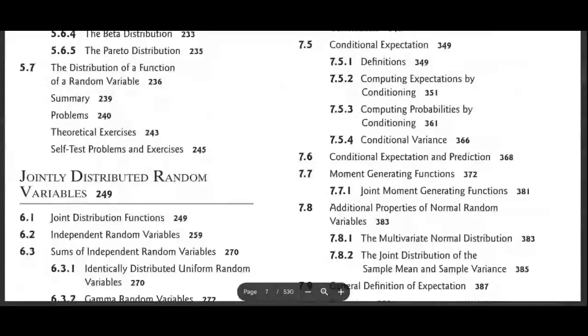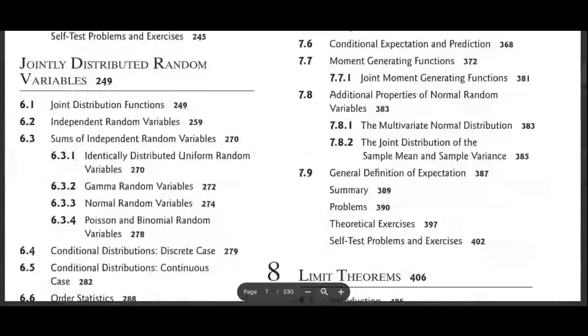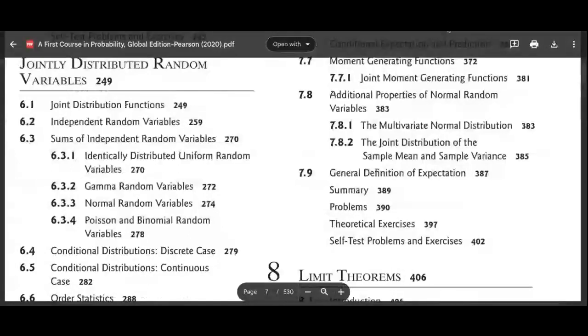Okay, so we're going to talk about chapter 6. Let me go to the syllabus just to make sure. Bivariate random variables: we need to talk about joint distributions, covariance, correlation, independent random variables, sums of independent random variables, convolutions, functions of random variables, change of variables formula.